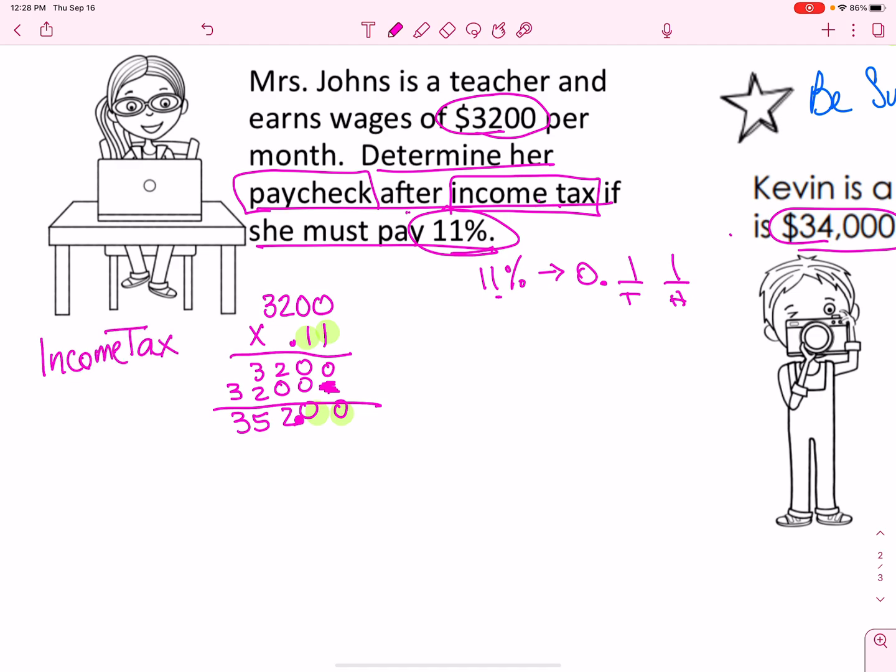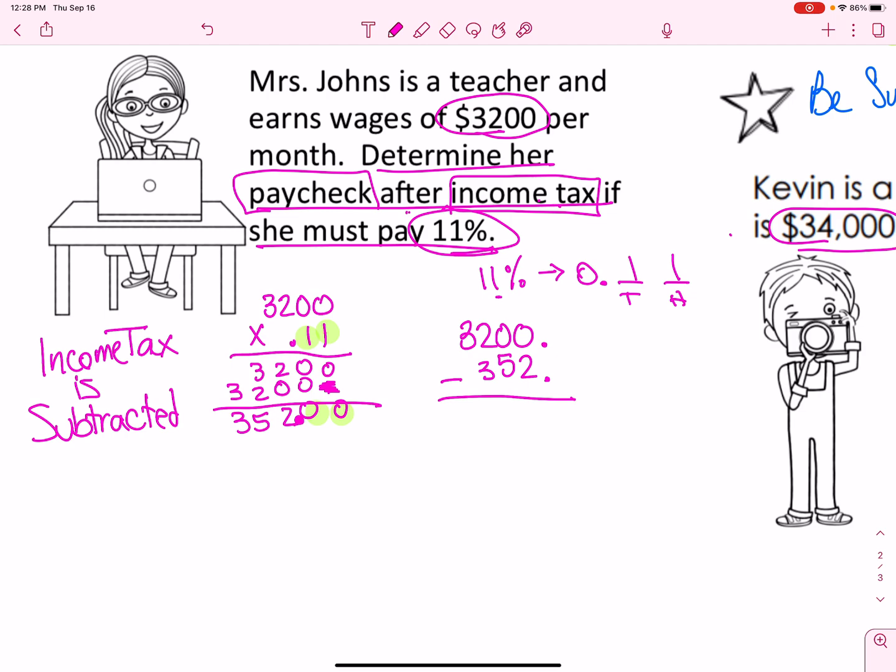So the income tax is subtracted. We have to pay that to the government, so we don't get to keep that. So we're going to take that $3,200 and we're going to subtract out the $352. Remember, we have to line up that decimal when we add and subtract. So we're going to have to borrow here.